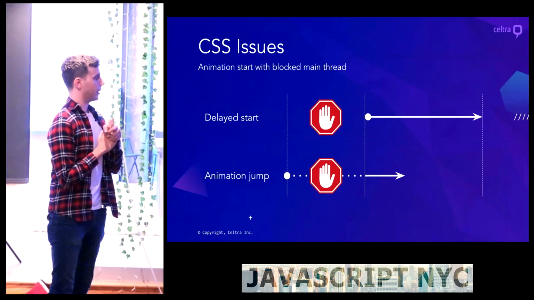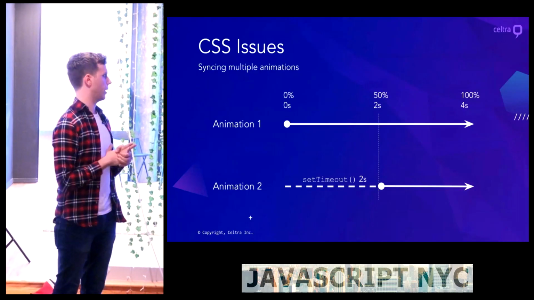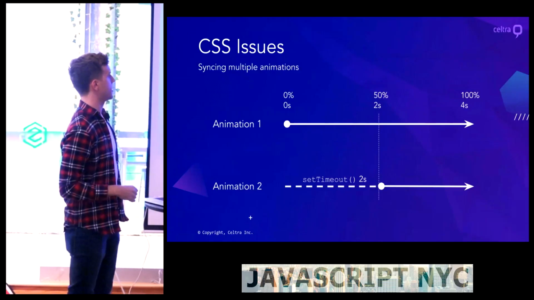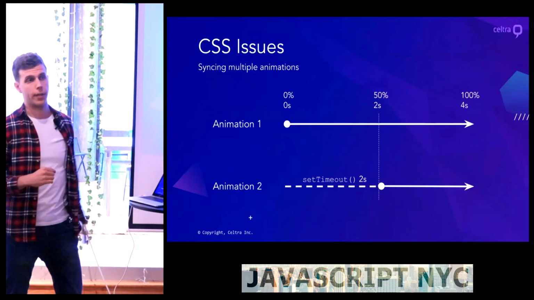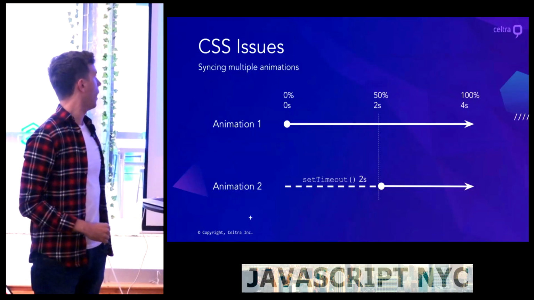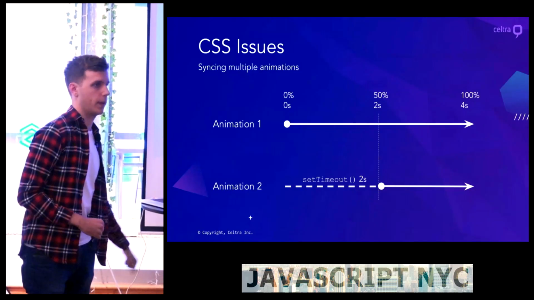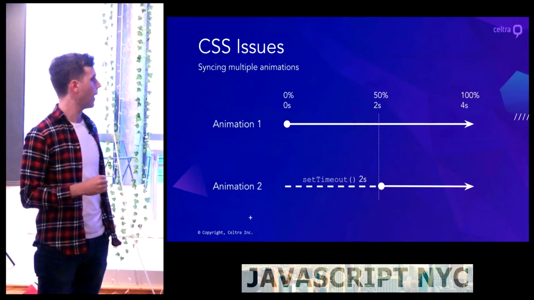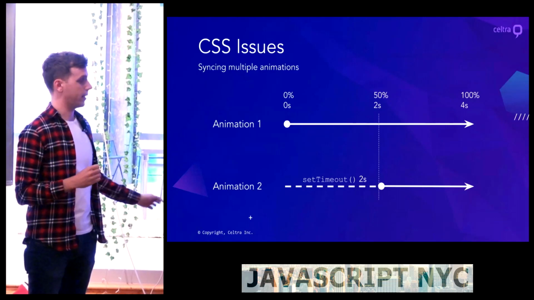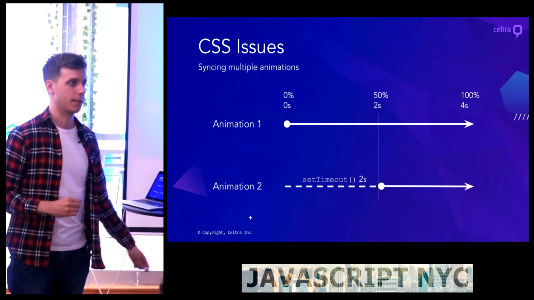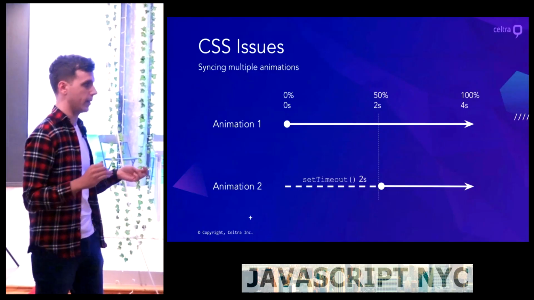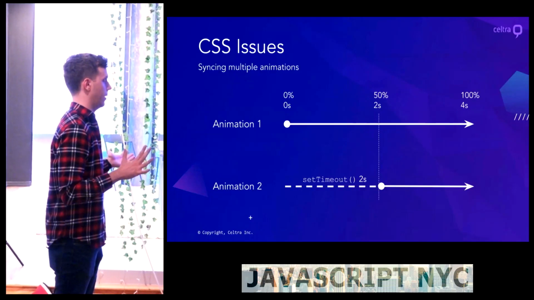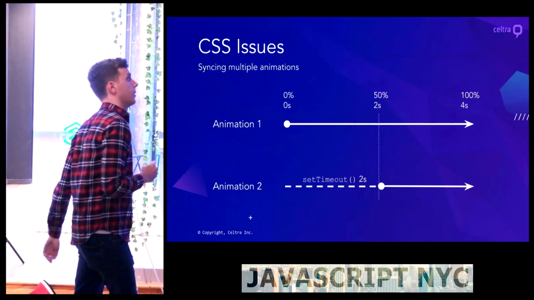Next issue, syncing multiple animations. Let's say that we have a scenario where we start the first animation, and when the first animation reaches 50%, we start the second animation, right? So a pretty simple scenario. As I've said, if we use CSS keyframes animation, we wouldn't know when the first animation reached 50% because there is no way to get that out of a CSS keyframe animation.